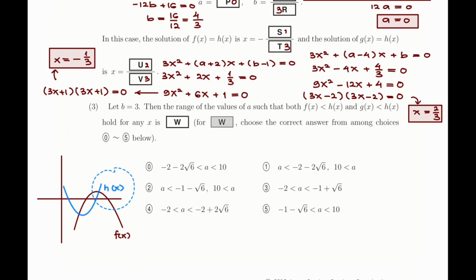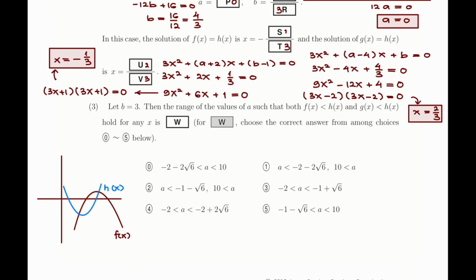Basically, if they intersect each other, you can see that there is a region where f is above h. You can see here. This is the region where f is above h. The red one is above the blue one. We do not want this condition.